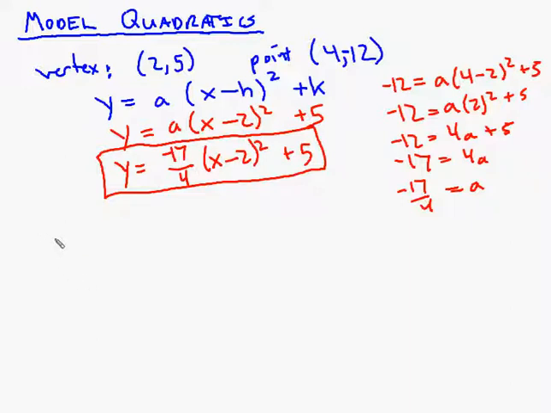But today, we're going to say, well, what if I don't know the vertex, or I don't know for certain if one of the points I have is a vertex? So I'm going to be given 3 points. Now, it has to be 3 points. Unless I have a vertex, it has to be 3 points.